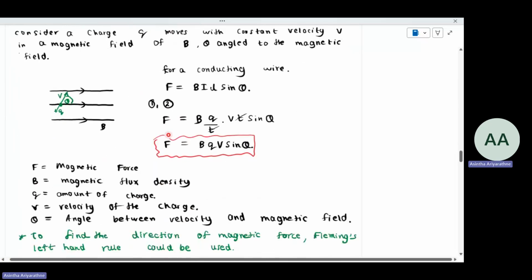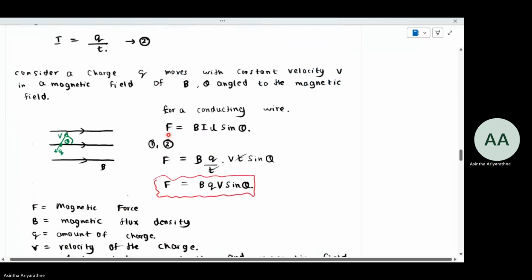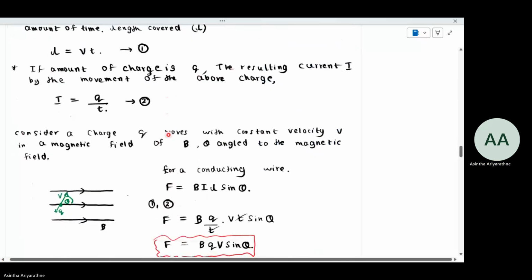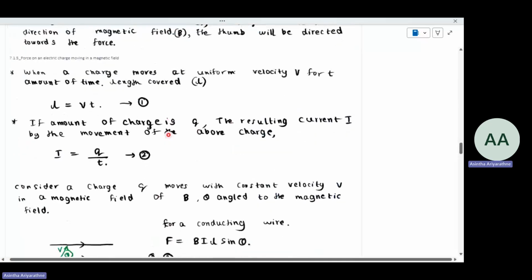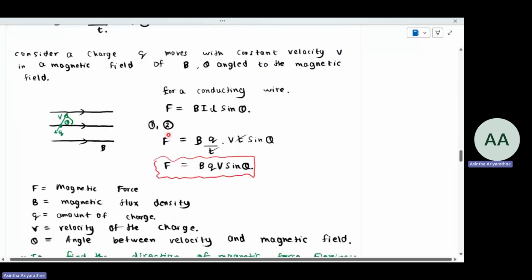Then here we formulated the charge, the magnetic field, and the force induced on this charge.